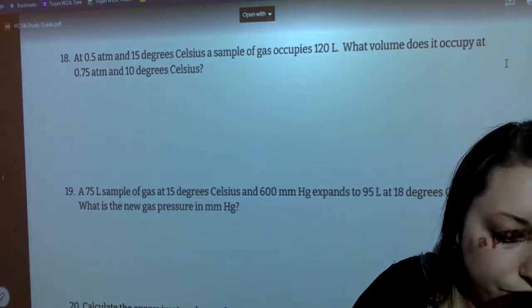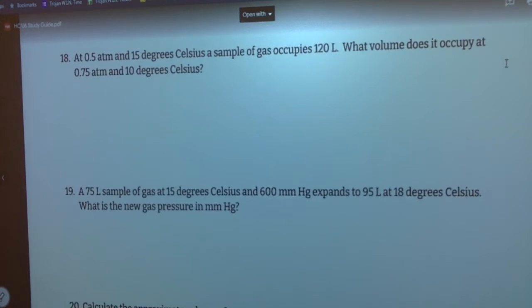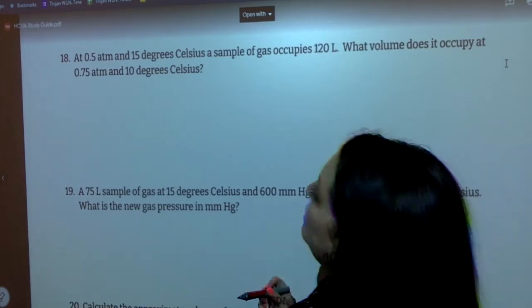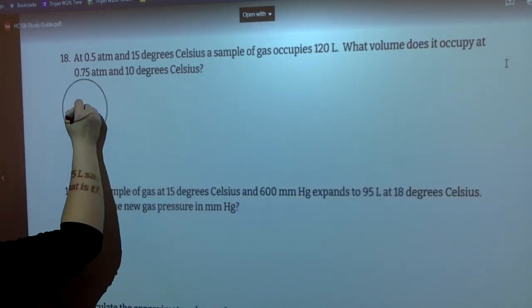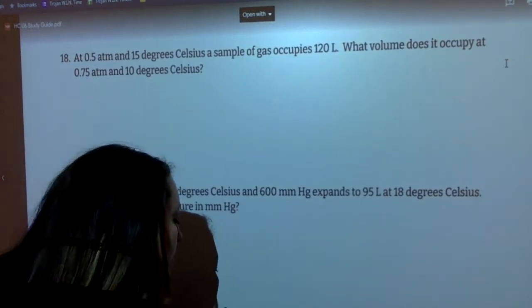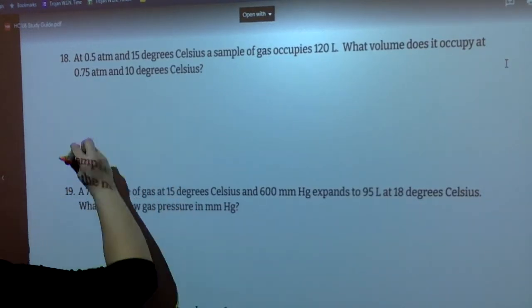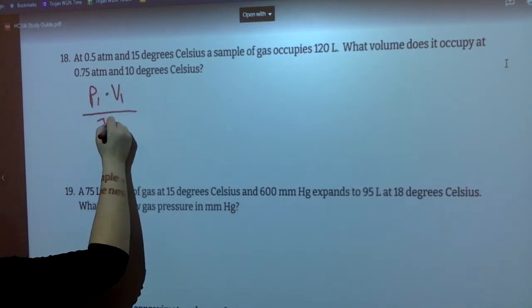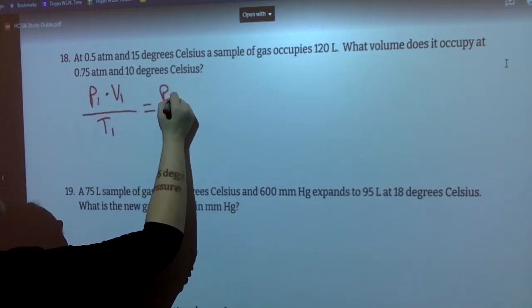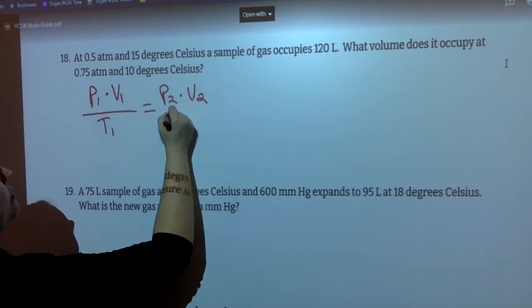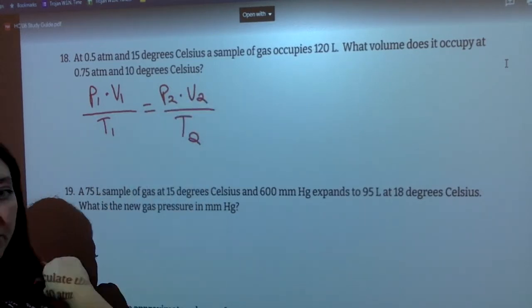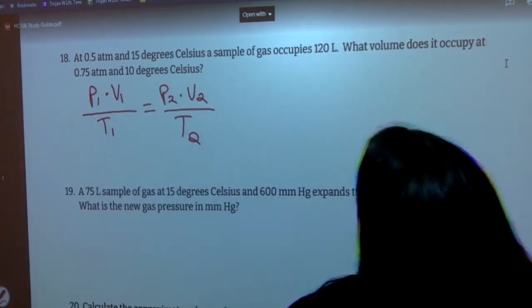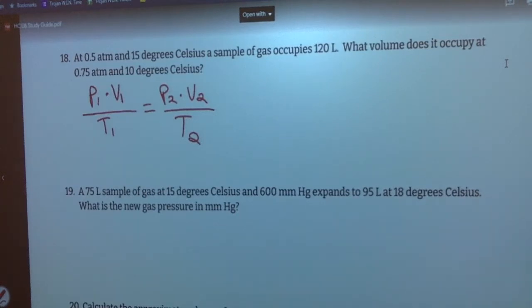So let's do 18. All right, so combined gas law is going to be exactly what it sounds like. You're going to have P1 times V1 over T1 equal to P2 times V2 over T2. Okay, so we're going to just start plugging this stuff in.